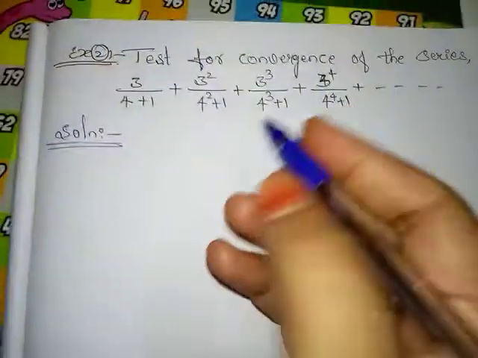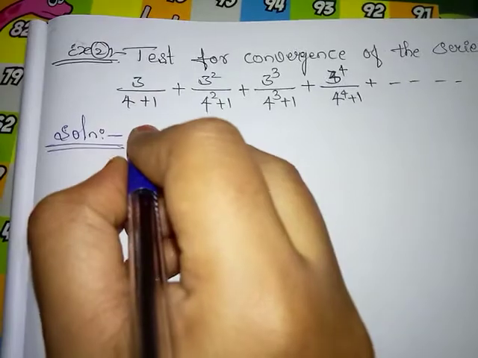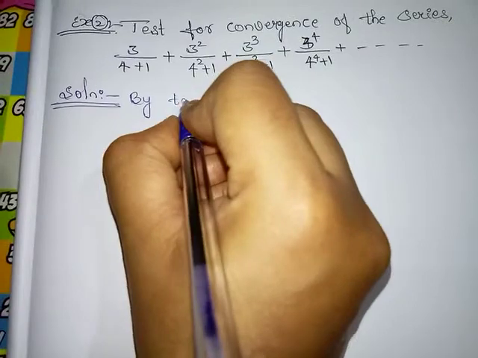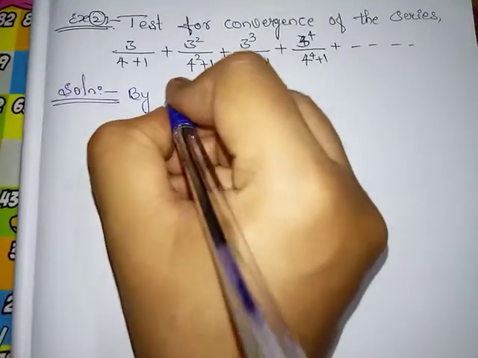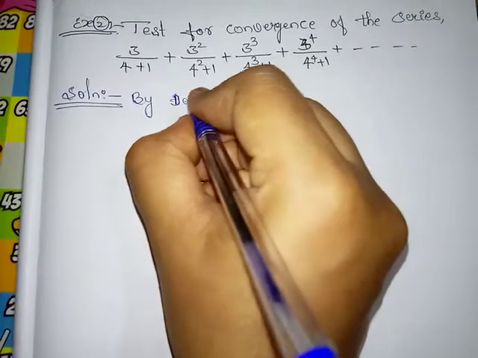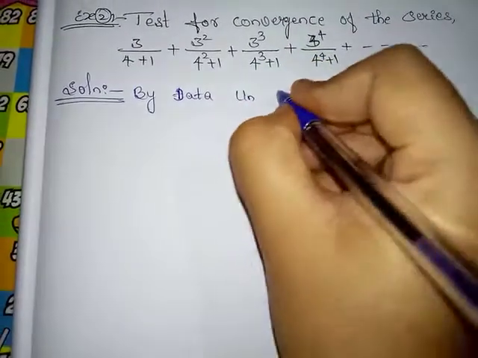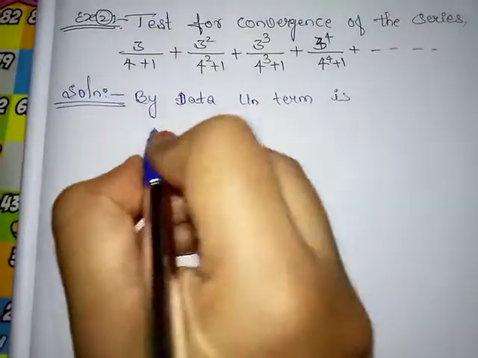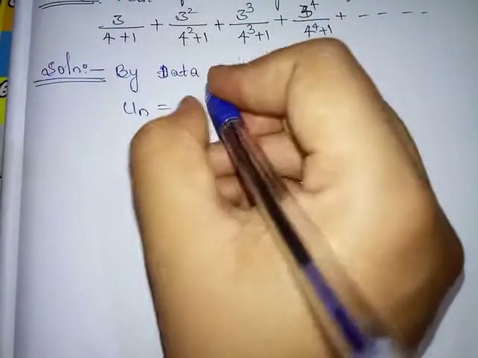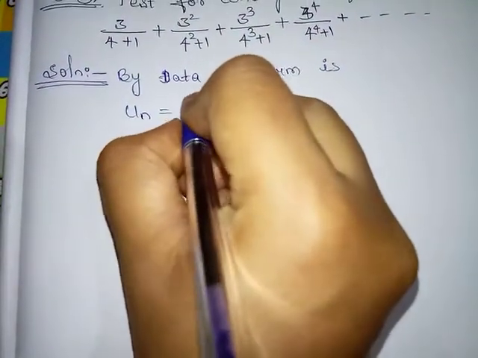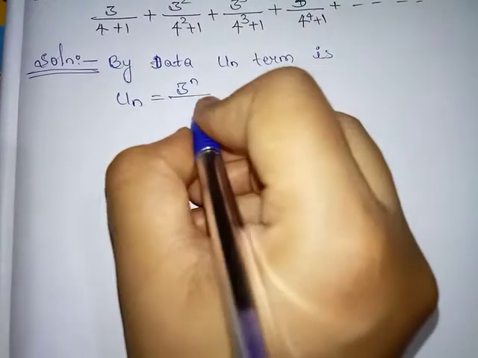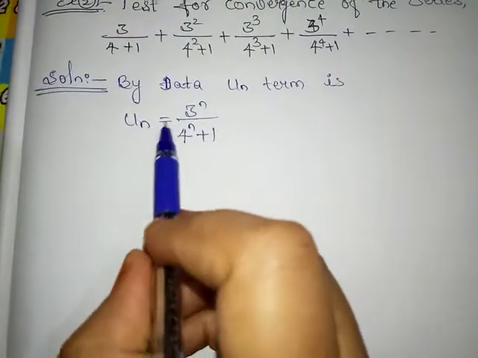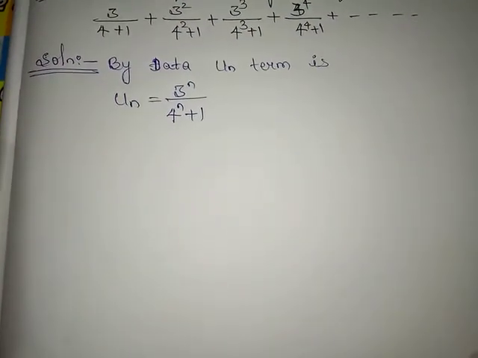So our u(n) term will be, we may write it as, u(n) is equal to 3 raised to n divided by 4 raised to n plus 1. The u(n) term is 3 raised to n divided by 4 raised to n plus 1.